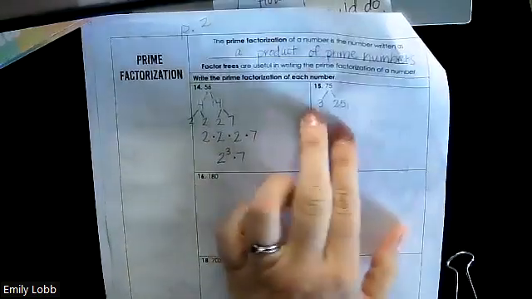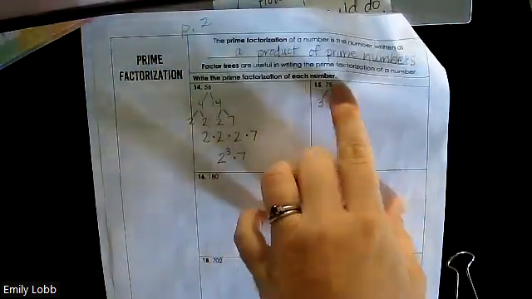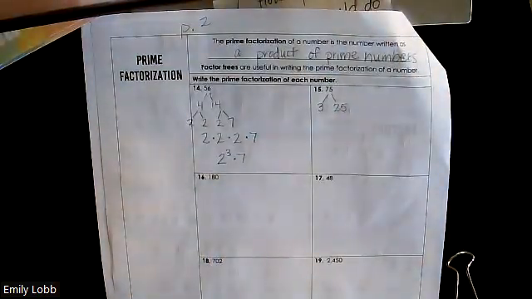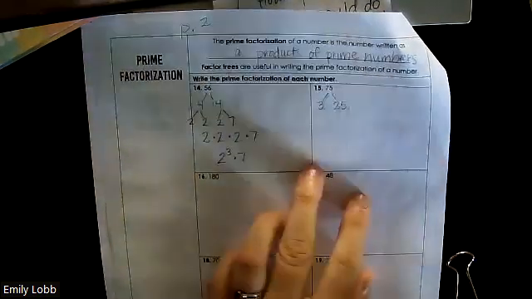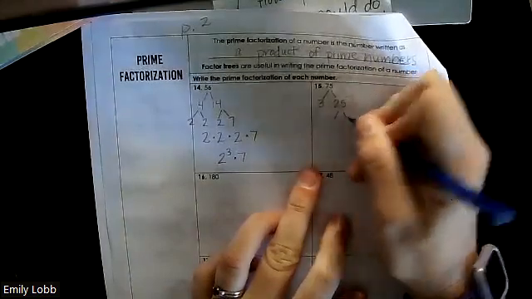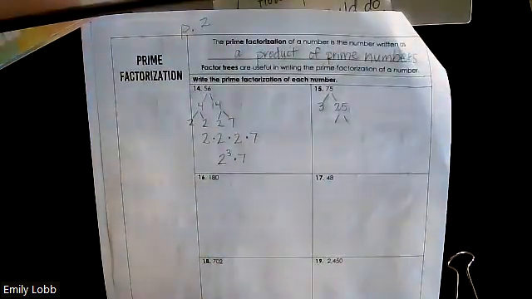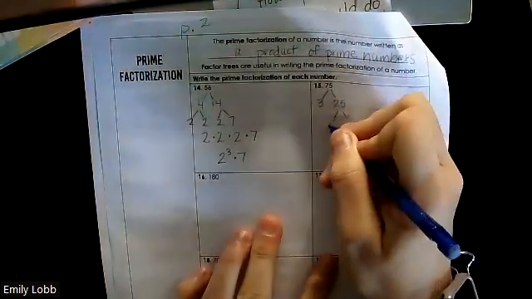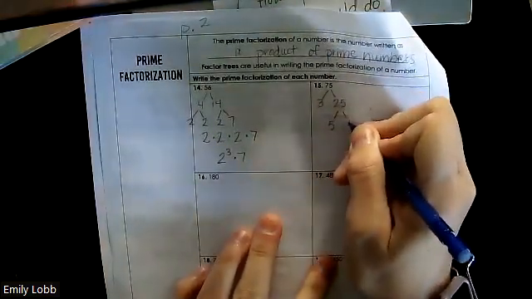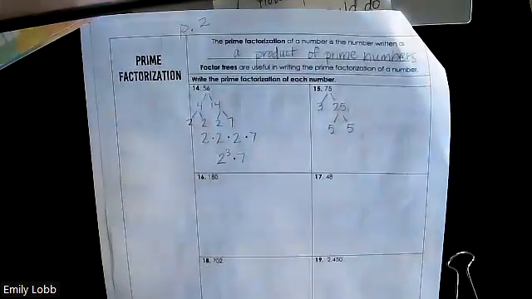So would you say that 3 times 25 does make 75? Yes. But 25 is not prime, so we have to keep going. What two numbers can I multiply to make 25? 5 times 5 is 25.